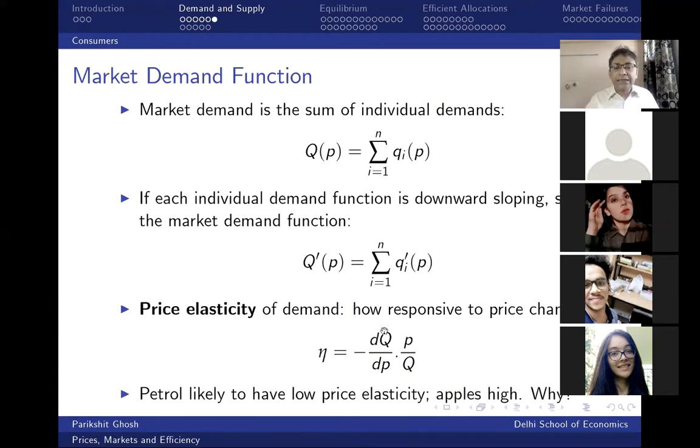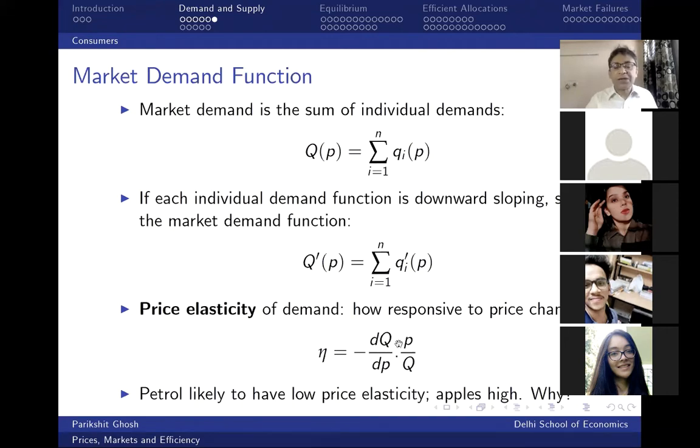And since the changes are represented in proportional terms, that makes this measure unit free, right? It does not matter whether we are measuring quantity in grams or kilograms. We'll get the same number when we are calculating elasticity. Okay. For price elasticity of demand, or own price elasticity of demand, right?